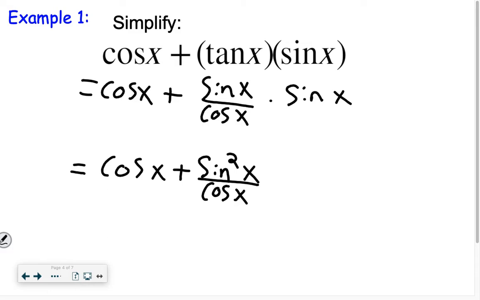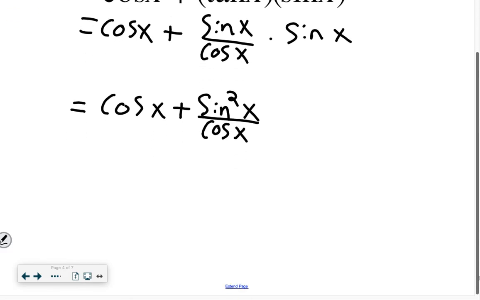Well, maybe we should write cosine of x as a fraction over cosine of x, right? So we have a common denominator. So you'll have to multiply cosine of x by cosine of x. But then we want to multiply by the fancy 1, so cosine of x over cosine of x.